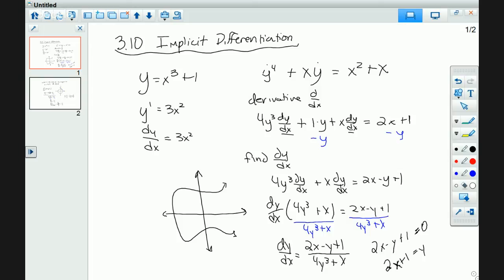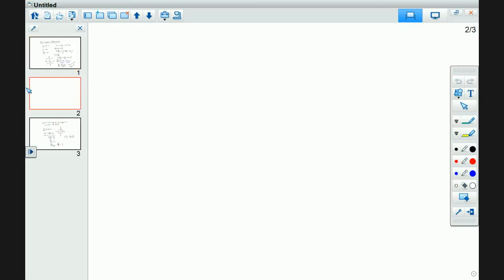Okay. You want to see one more derivative? Here, this one has e.